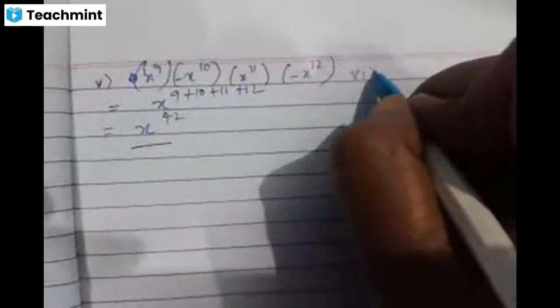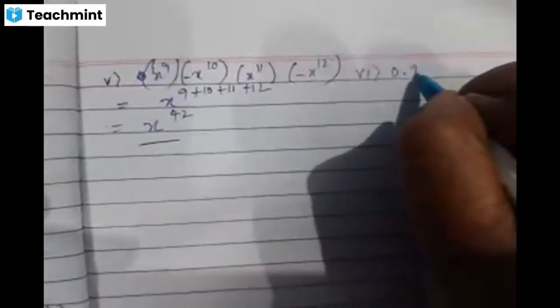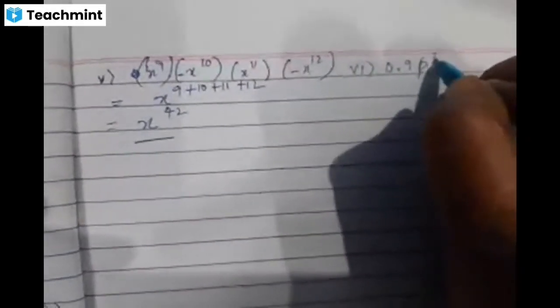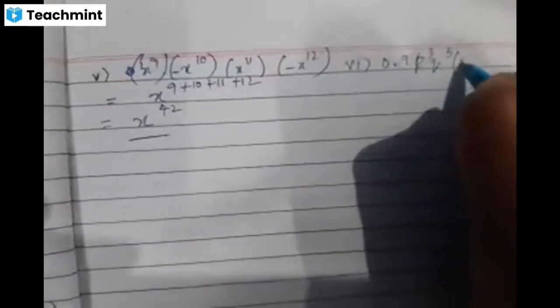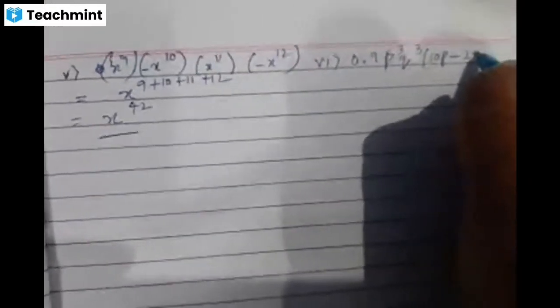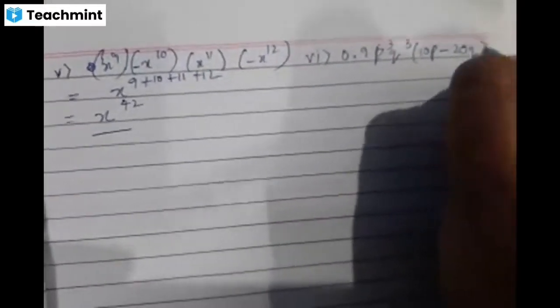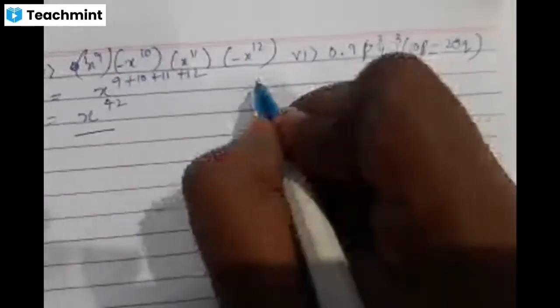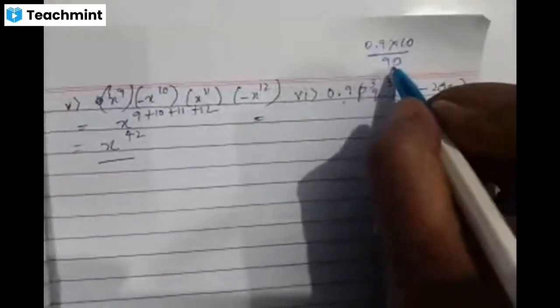Next we have the sixth part, 0.9 p cube q cube into 10p minus 20q. Monomial with a binomial. 0.9 into 10. Children, we know 9 tens are 90. After the decimal point, you should have one digit.